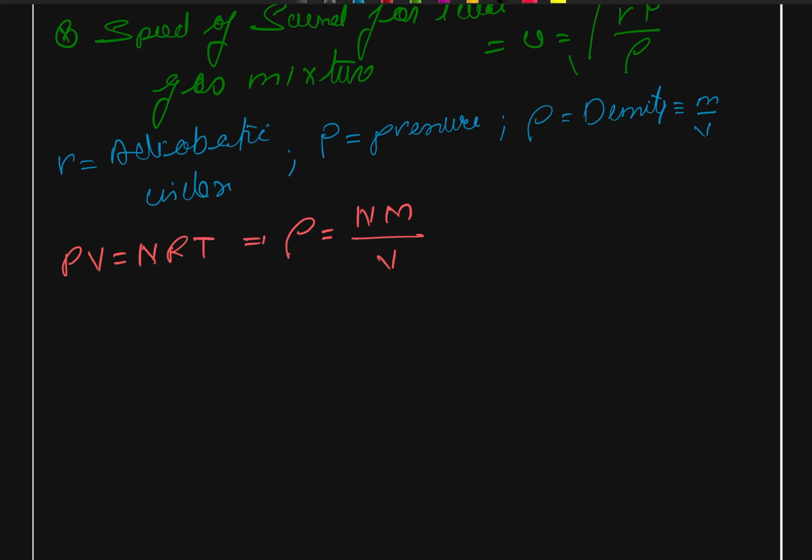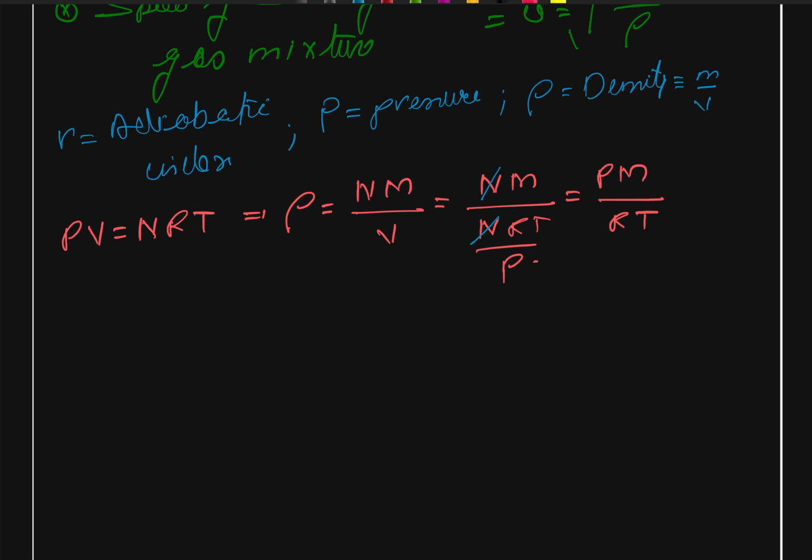And we can substitute our volume, which is nRT upon P. And n cancels with n, so we get our density will be equal to P times M divided by RT. And we have to remember this capital M is our average molar mass.